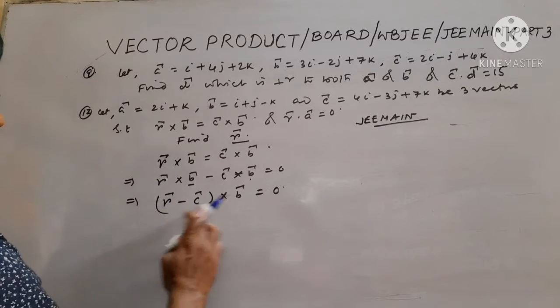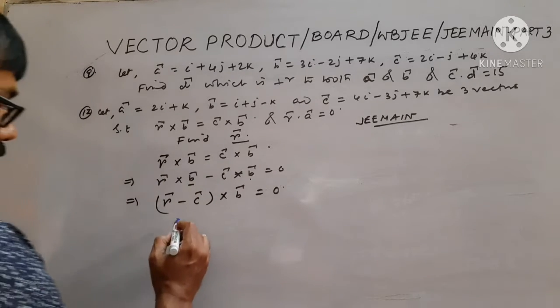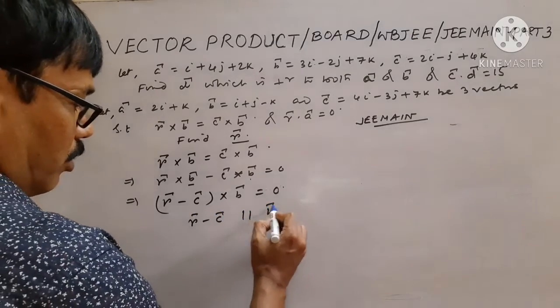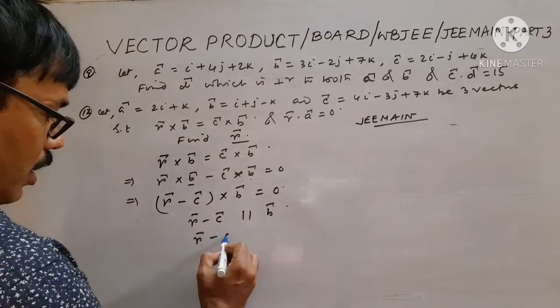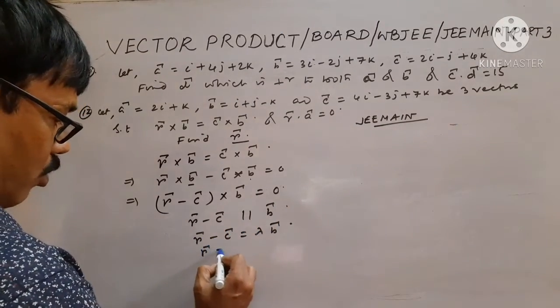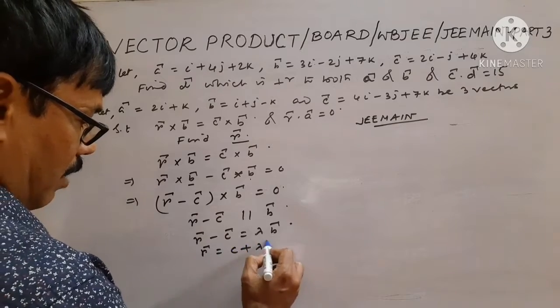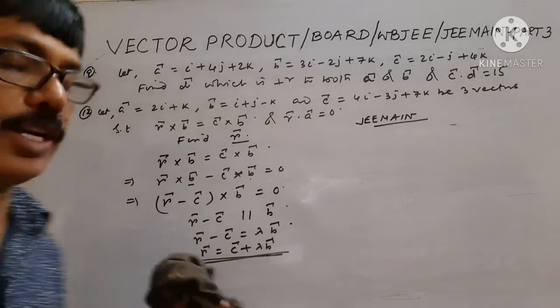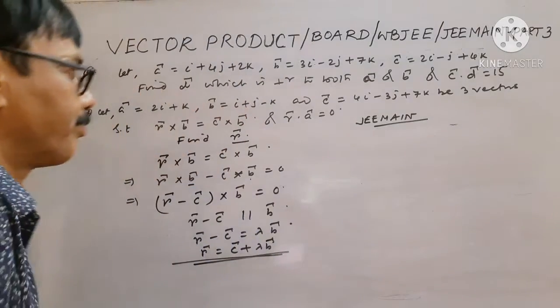So, if r minus C and B are non-null, then r minus C is parallel to the B vector. So, r minus C equals lambda into B. So, r equals C plus lambda B. Two vectors are parallel, so we are getting this relation.